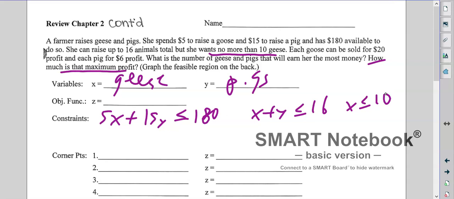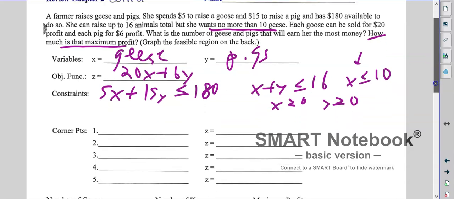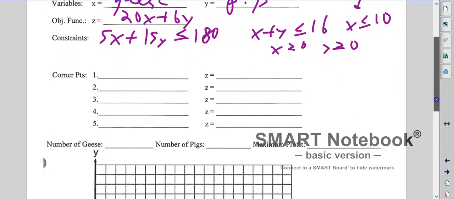All right, and then we also have our usual x is greater than or equal to 0, y is greater than or equal to 0, because we need to have the first region. Okay, and the reason this one doesn't override is because it's going the different direction. And what's the profit? Well, it says each goose can be sold for $20 profit, and a pig, $6 profit. So there is my objective function, z equals 20x plus 6y.